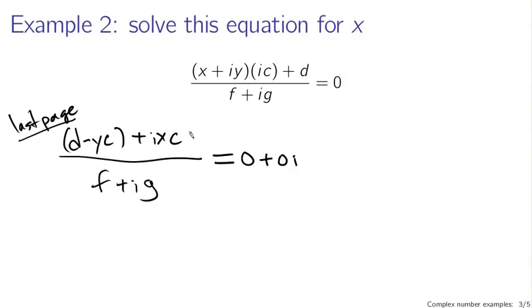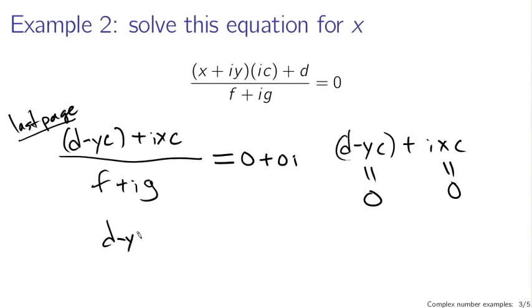And in order for this complex number to be equal to 0, the real part must be 0 and the imaginary part must be 0. So we can think of this as d minus yc plus ixc. This has to equal 0 and this has to equal 0 separately. So we effectively have two equations here, not just one, which is nice.